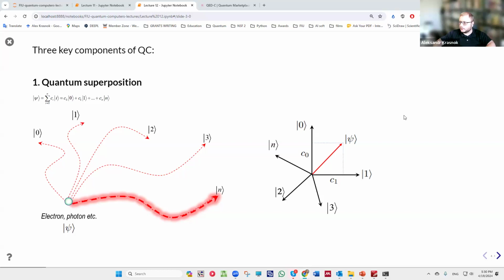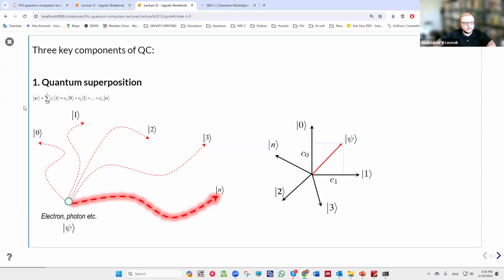Okay, so the quantum superposition, we need that. It's easier to achieve for small particles, much more difficult to achieve for large particles. But if a particle or a system is isolated from the rest of the world, it will be found in the quantum state, in the superposition of all possible states.